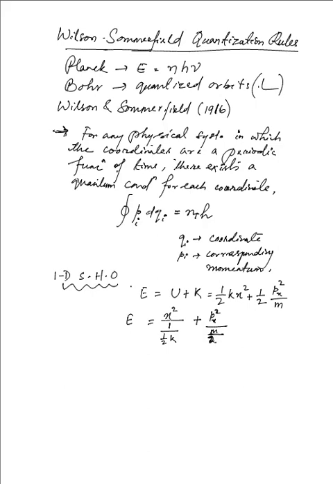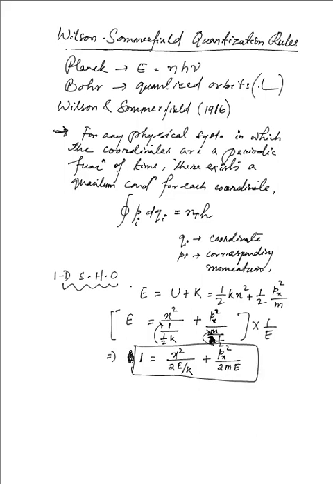On the left hand side we divide by the total energy, so it goes to 1, and on the right hand side we have x squared, and the 2 can go up, so we have 2E by k in the denominator of the first term, and px squared divided by, again this is half, so again this 2 can go up, 2mE.